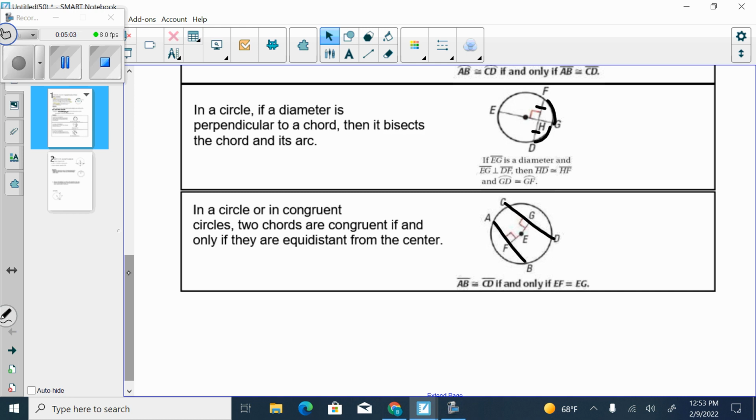Okay? If they are the same distance from the center. So they'll probably mark it by saying those two pieces have to be congruent. And then in turn, if we know these two chords are congruent, right, from that first theorem, we know that these two arcs would also be congruent. All right? Okay, so let's use those rules on the back to help us solve a couple of problems.